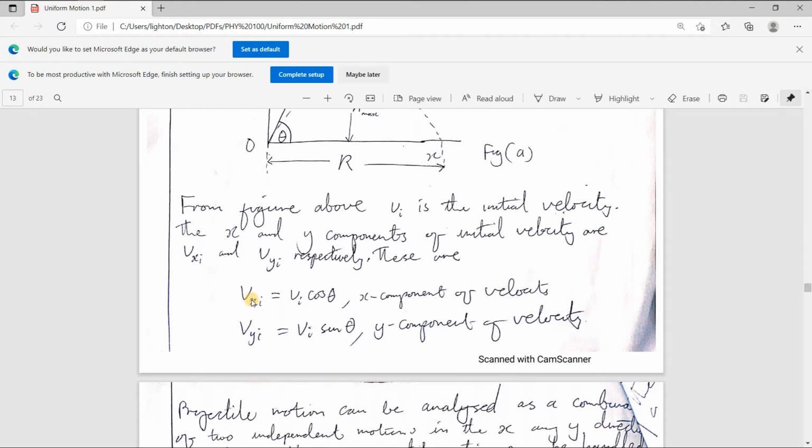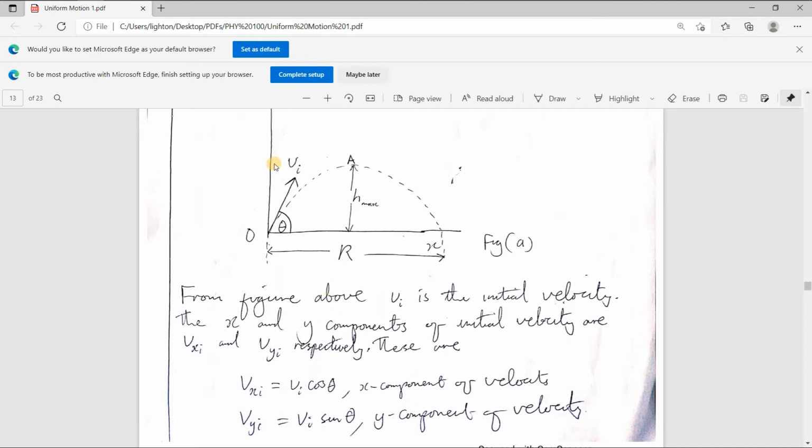However you put it, whether you start with x then i or i then x, I don't mind as long as it is shown. Alright, so Vix is equal to Vi cos theta. Vi is the initial velocity, theta the angle. This is how we get the components of velocity in the x-axis.